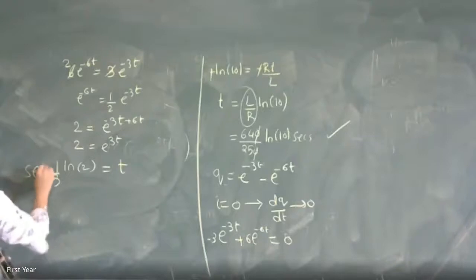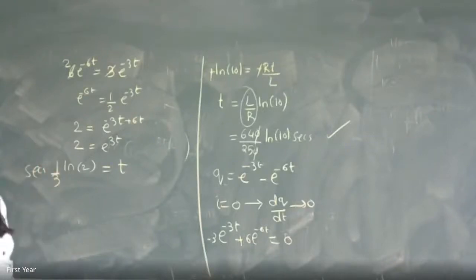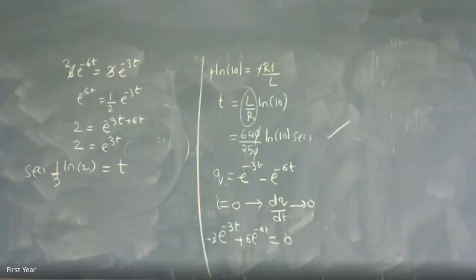So ln 2 by 3 seconds is the time required for the charge to become maximum on the capacitor. Is it okay? Everyone? That's your final answer, the time required.